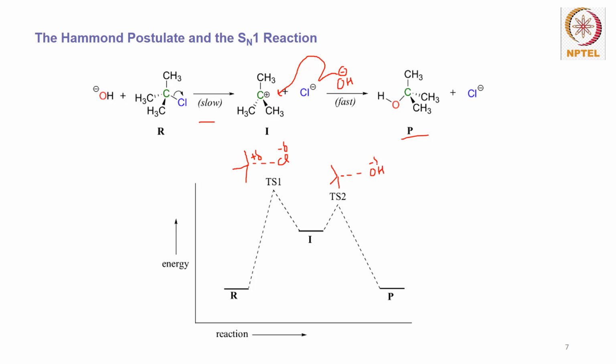Delta means there is a pseudo positive character. It's not fully electron deficient, but it is partially electron deficient. That's why it has a delta positive, and with delta negative it gives us our desired product.